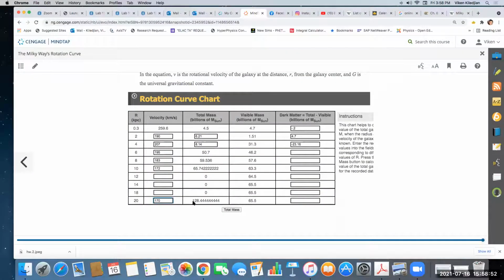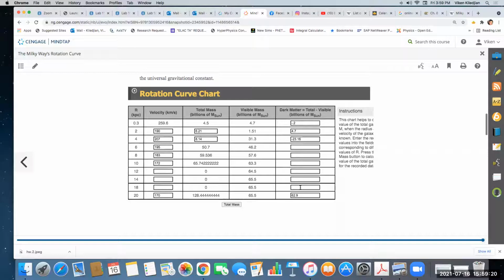Already by the 20 kiloparsec, you've got 128.4 billion solar masses. That's incredible. And therefore, the mass of the dark matter is going to be that number minus 65.5, which is 62.9.